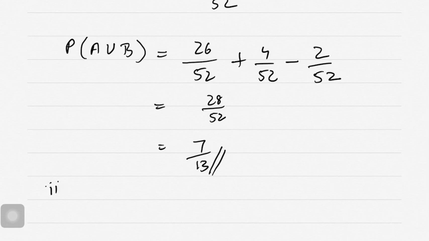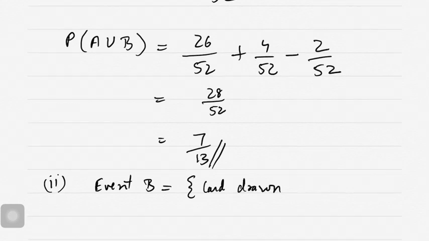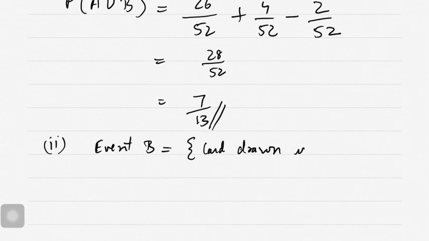Now, second part. I have defined card drawn is a king as B, right? So I am writing it again. Okay. Event B is equal to card drawn is a king.